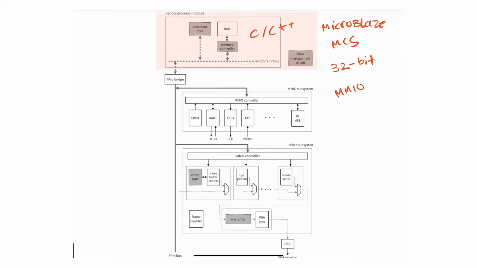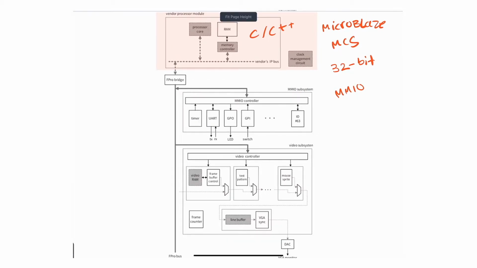And that microcontroller, you're going to see, has a bus in here, and that bus is just an IP bus. It could be of anything, but the MicroBlaze comes with an AXI bus. An AXI bus is actually a pretty complicated type of bus. It can have a distributed busing system, and there are so many signals going on.